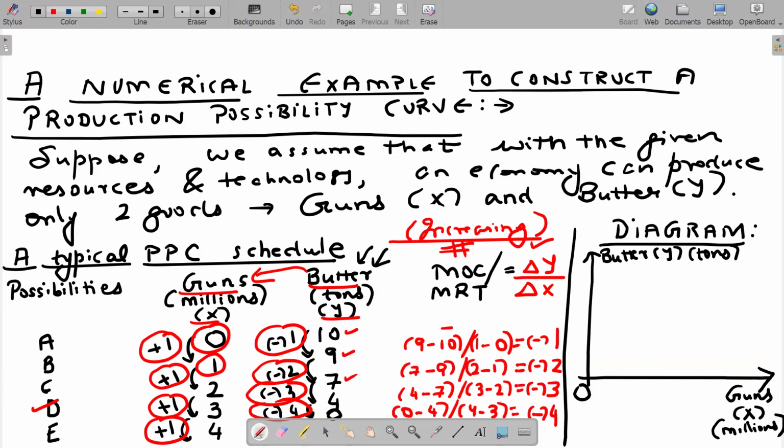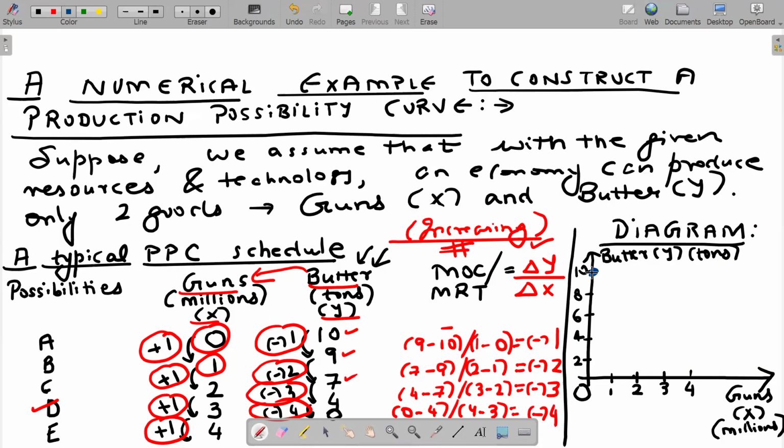If I take some points, so guns, I can just take 0, 1, 2, with equidistant gaps. And for butter, I can just take the scale as, let's say, 2, so 2, 4, 6, 8, and 10. Let's mark the first possibility, which is 0 and 10.